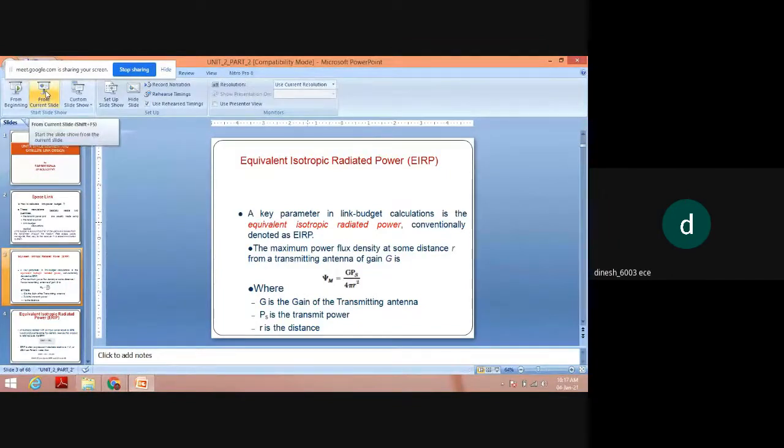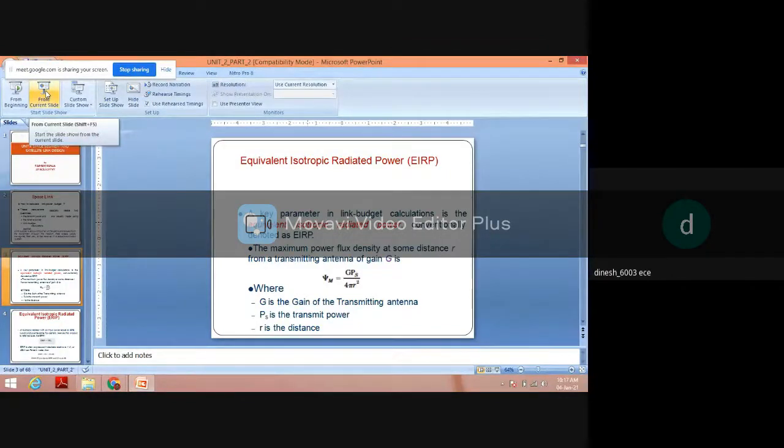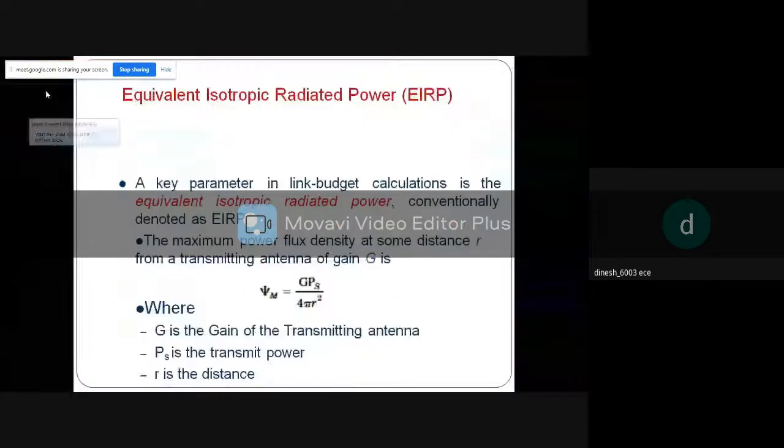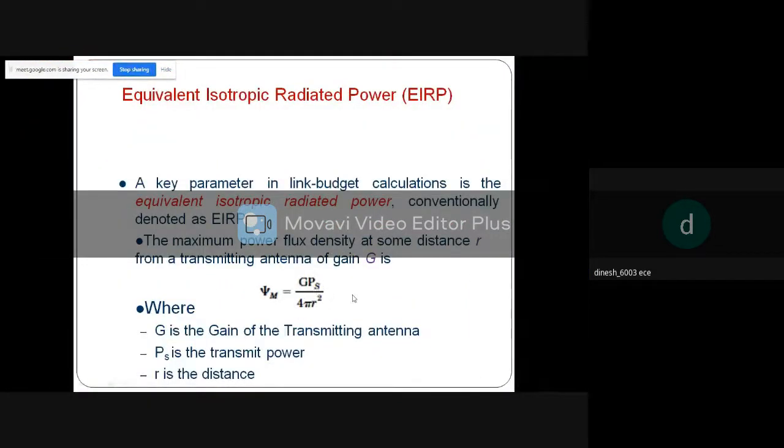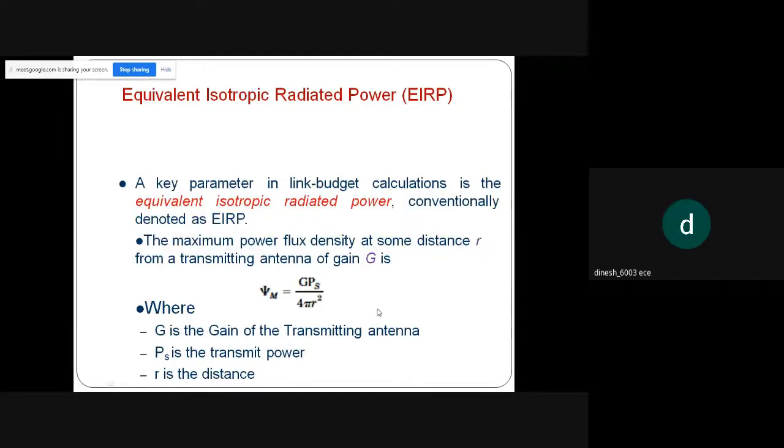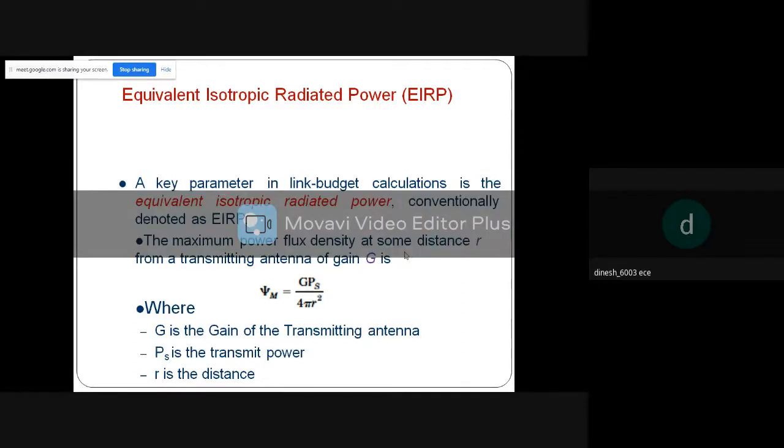This can be obtained by the formula phi m is equal to G Ps divided by 4 pi R squared. That distance could be your receiver, or your satellite's distance, or a booster, or a repeater in between.